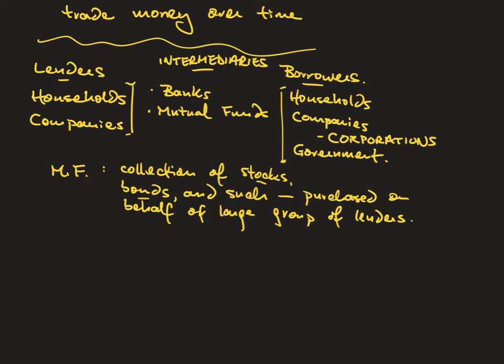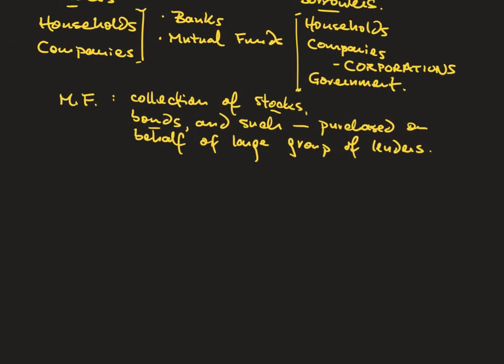Now, I will remind you of these two important financial markets. One is the market for bonds, one is the market for stocks. These are things that businesses, that corporations especially, use to get money, ways they use to borrow money.